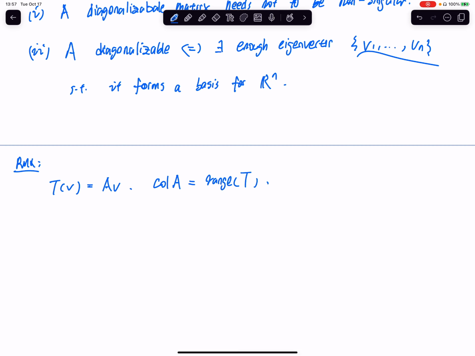And the eigenvectors for non-zero eigenvalues will be members of this range. That is, if Av equals lambda v, then we have A times lambda inverse v equals v.